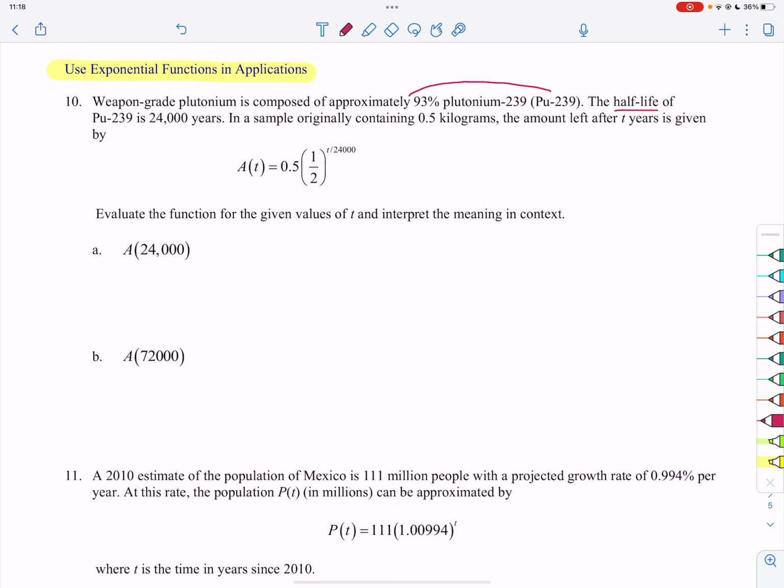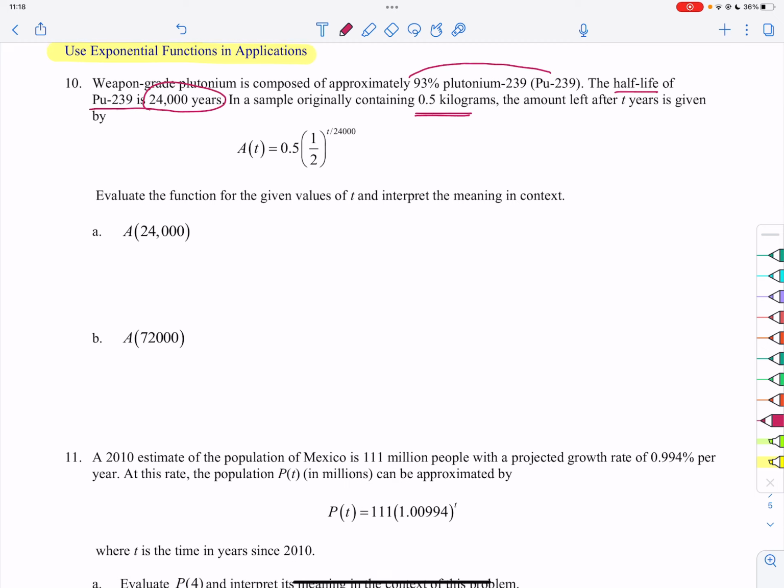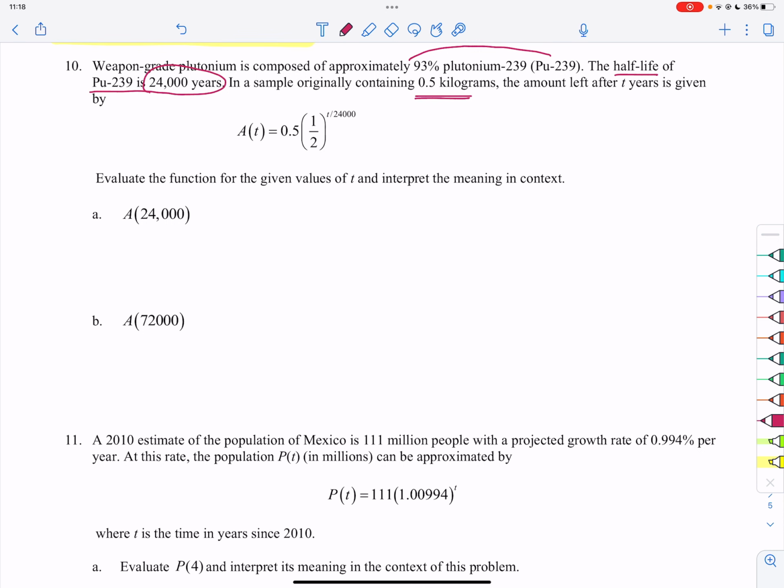The half-life of plutonium-239 is 24,000 years. In a sample originally containing 0.5 kilograms, the amount left after t years is given by this function. Evaluate the function for the given values of t and interpret the meaning in context.